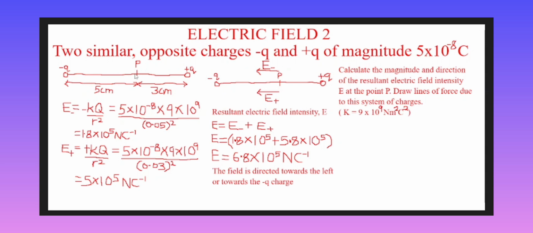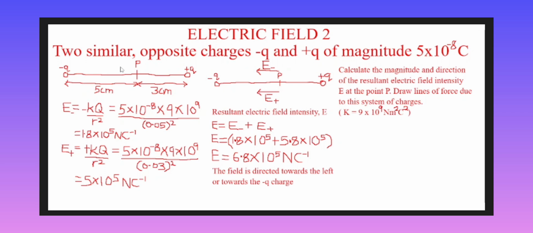If I put a positive test charge at P, the minus Q charge will attract it. So the direction of the force of attraction, which is towards the negative charge, will also be the direction of the electric field intensity.